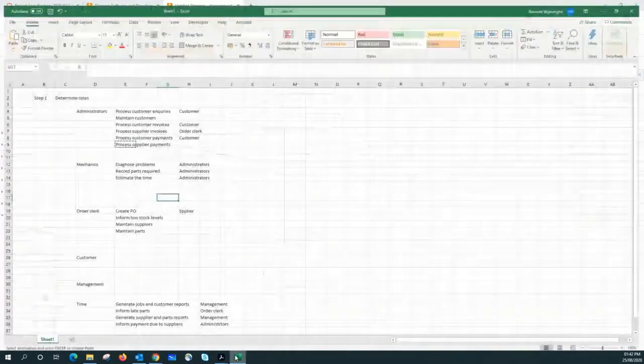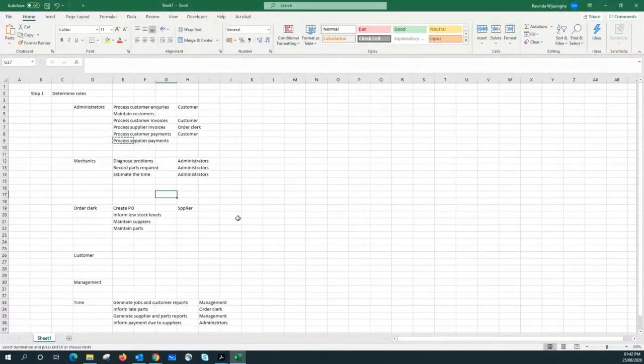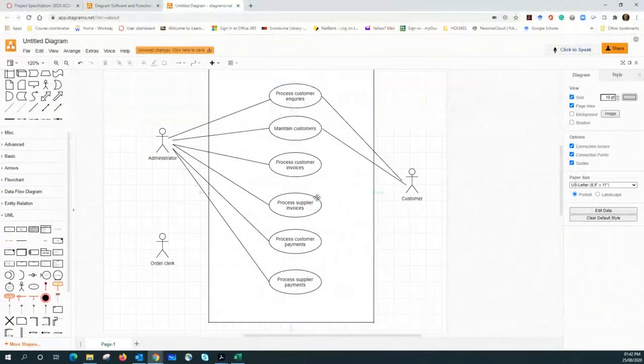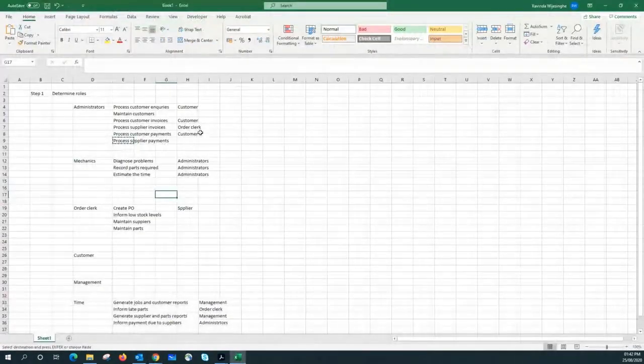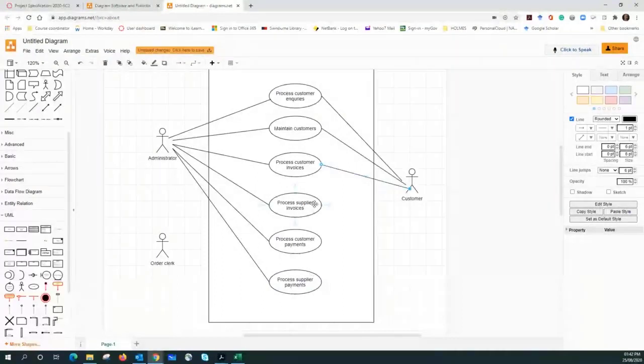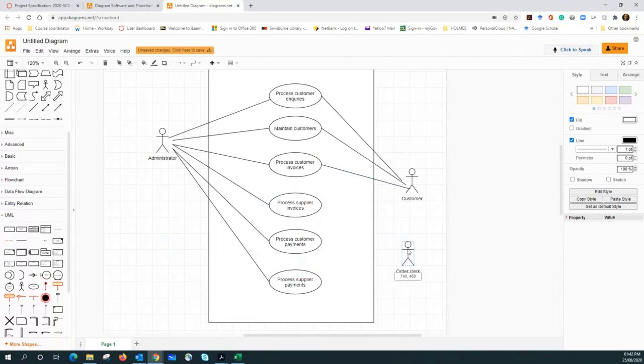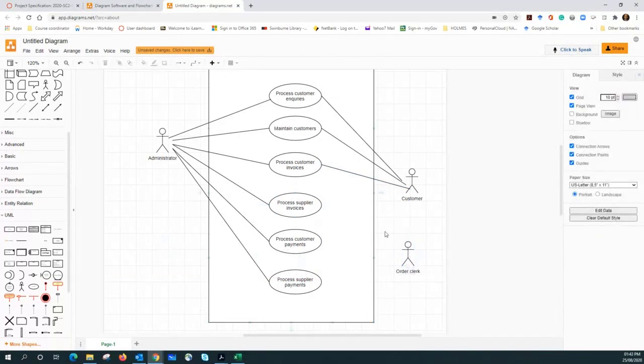And what else? Process customer payments, this one. And then the order clerk can access process supplier invoices. Okay, maybe I can place this one here as well. Take line.